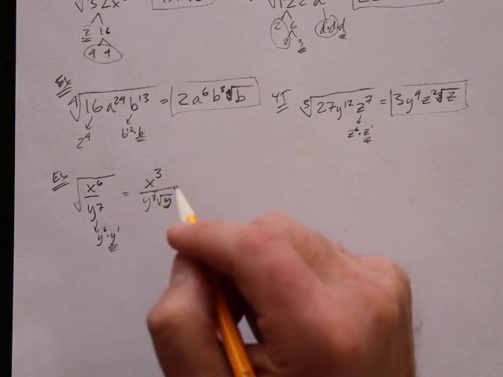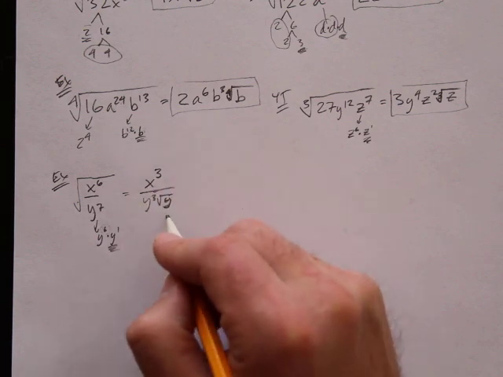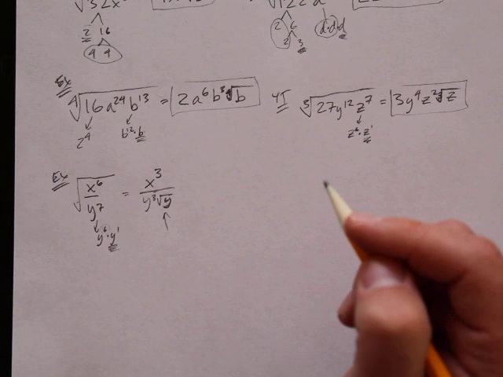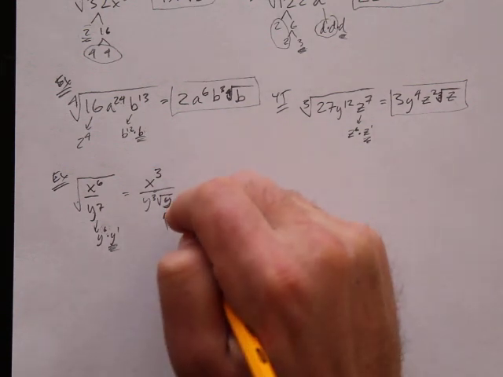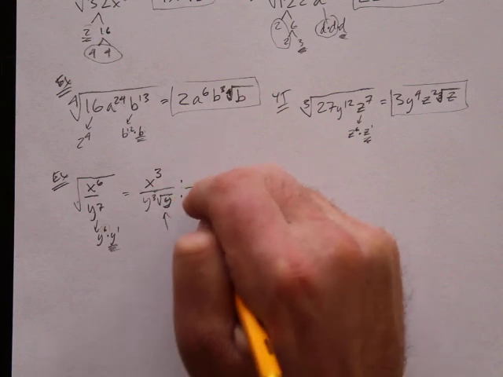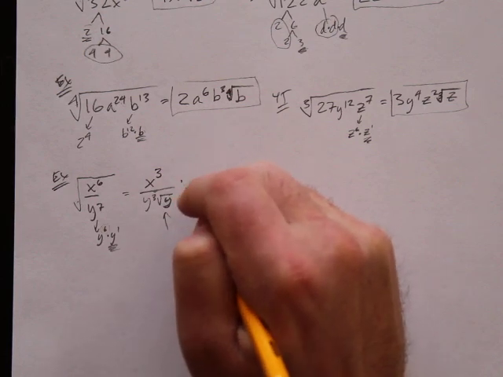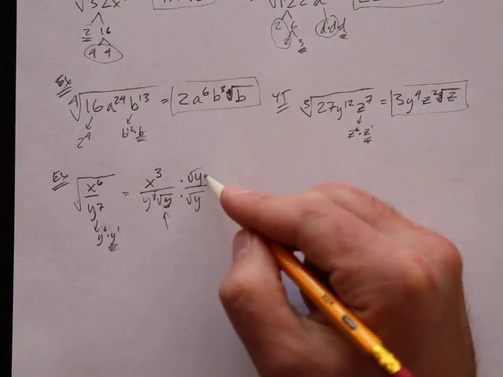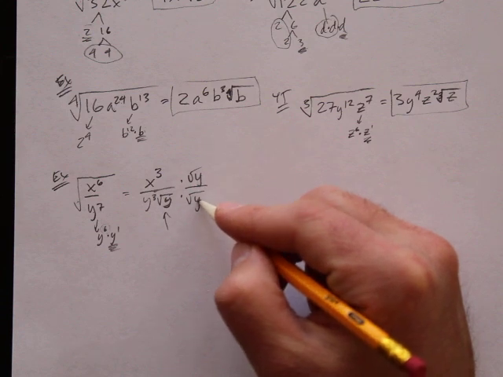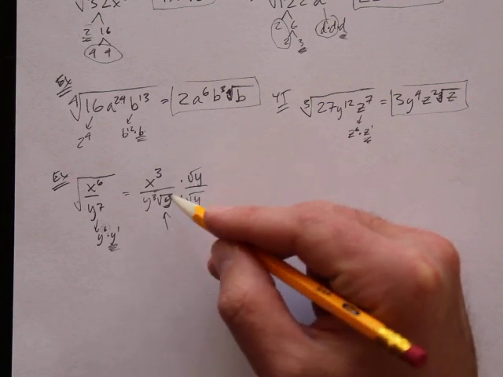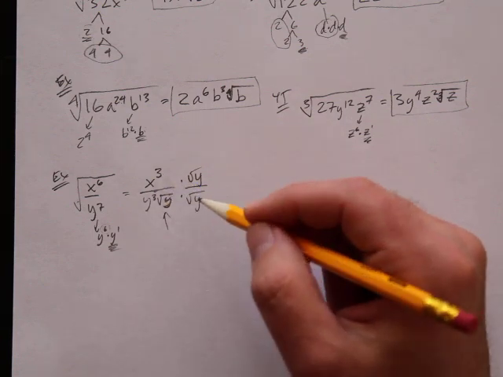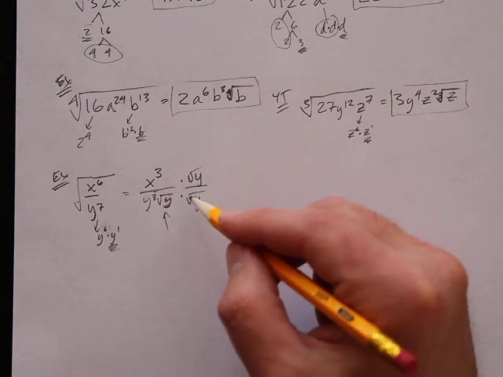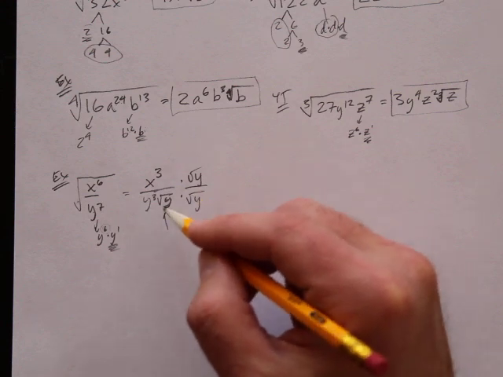Now we have a problem, and that is we're not allowed to have the square root sign in the denominator. So we need to multiply the top and the bottom both by the same thing, the square root of y. So square root of y divided by the square root of y is 1, so we can multiply fractions by 1 all day long. It's fine, it doesn't change the fraction. But this way, what we're doing is rationalizing the denominator.